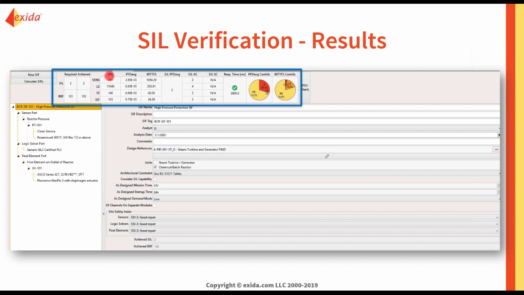For each part of the SIF, the sensor, logic solver, and final element, we do have the risk reduction factor that's calculated, the PFD average, the mean time to fail spurious, your SIL according to PFD average, your SIL according to architectural constraints, and your SIL according to systematic capability. We also have the response time, and then we have pie charts that are showing the contribution of each SIF part to the PFD average and to the mean time to fail spurious.